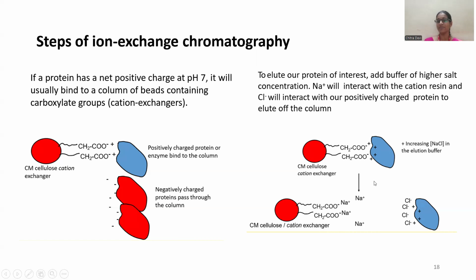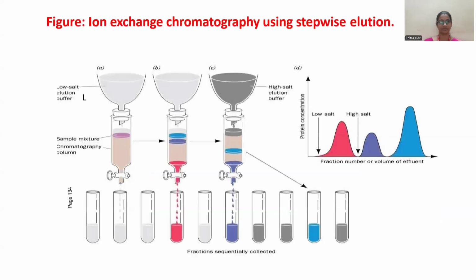Compared to this, some other buffers which have Na+ and Cl- ions can be used as an elution buffer. While running this buffer, you can break this interaction and get our component of interest separately. In this way, this experiment can be performed and you can purify our component of interest.